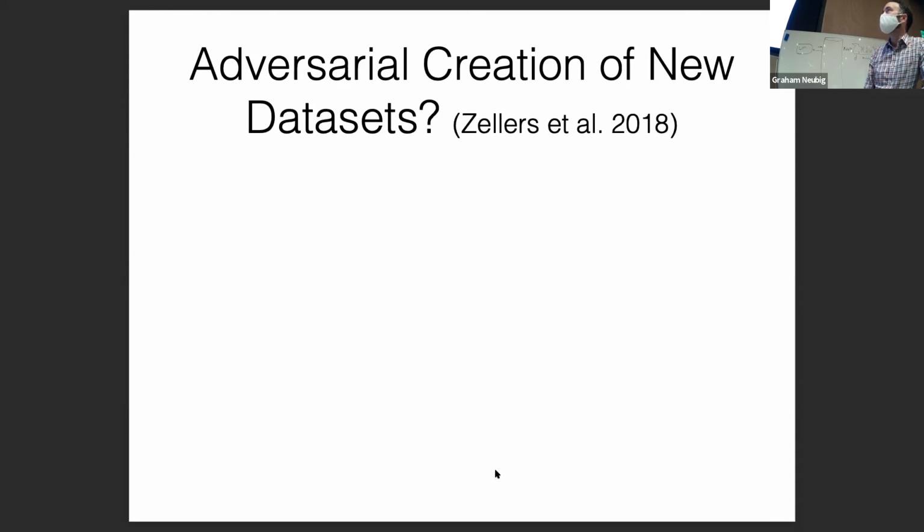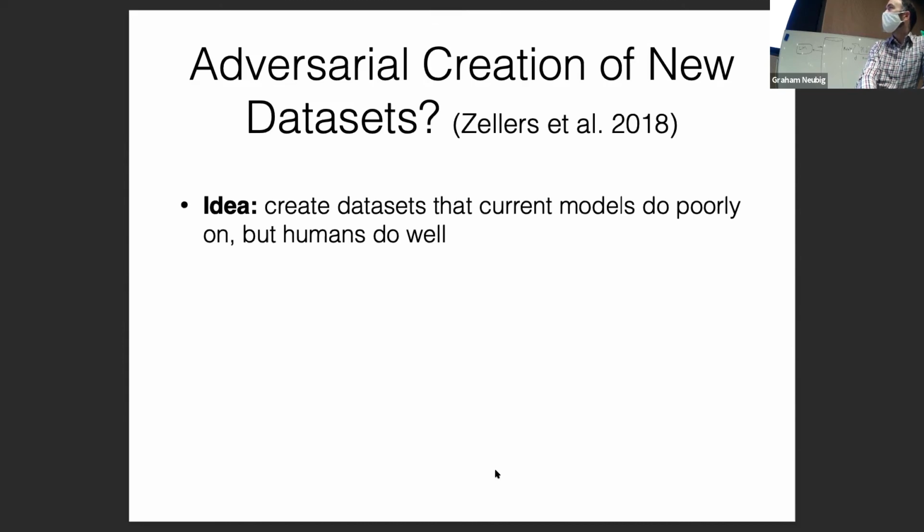You start out with the assumption that you would like a data set that's hard enough such that current models are not able to easily answer the questions. So the idea is that if you create a data set where current models do poorly on it, but humans do well, then you can basically create harder challenge sets that would be better for measuring progress.